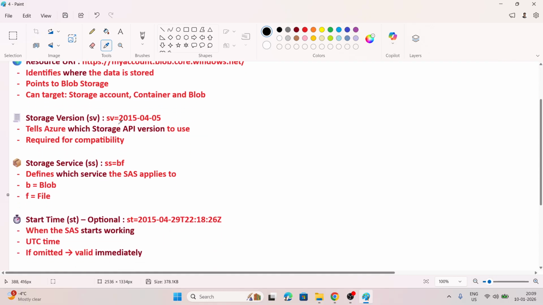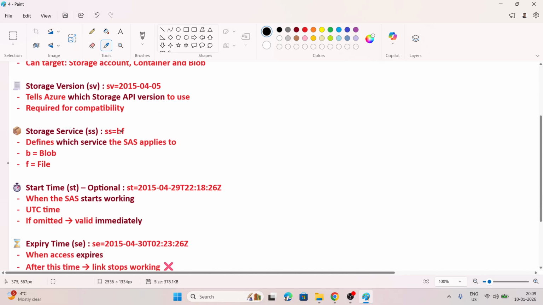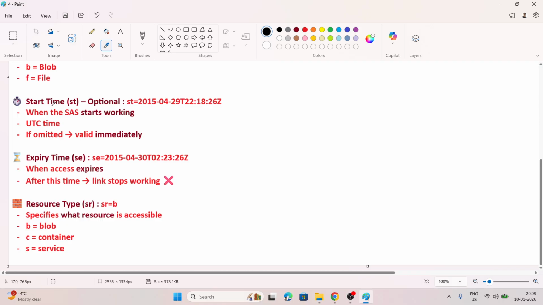Then storage version, SV, like 2015-04-05. It tells Azure which storage API version to use, required for compatibility. Then storage service, like SS equal to bf, defines which service the SAS applies to. B means blob, F means file. Then ST, start time.